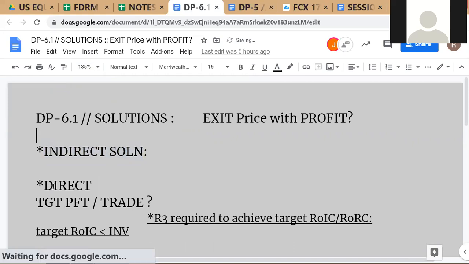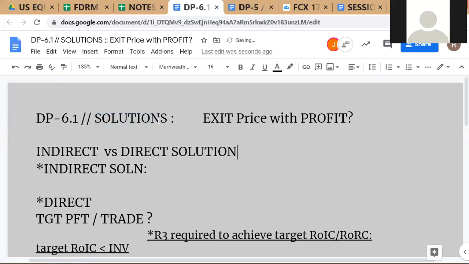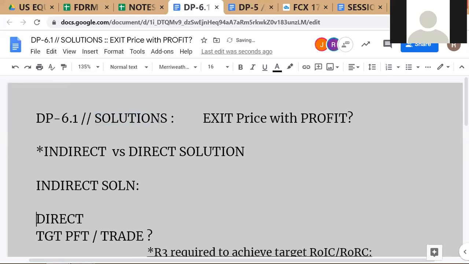Let's call this first one the indirect versus direct solution. The first point we're discussing is indirect versus direct solution. So what do we mean by indirect solution? Let's discuss the indirect solution first.